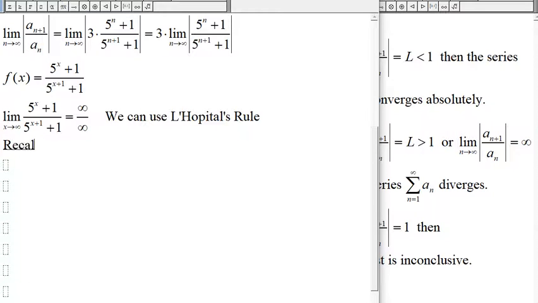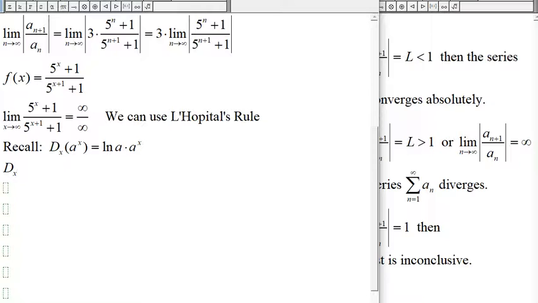And then recall the derivative of an exponential function like a to the x is ln a times a to the x. And so here we want the derivative of 5 to the x.